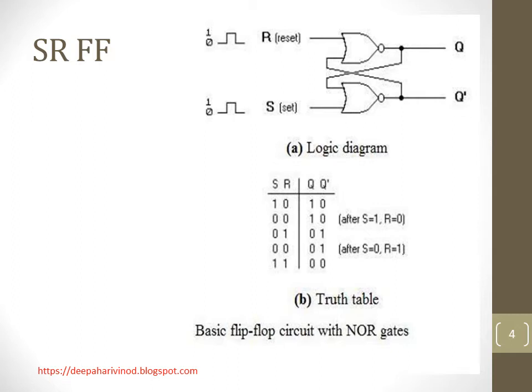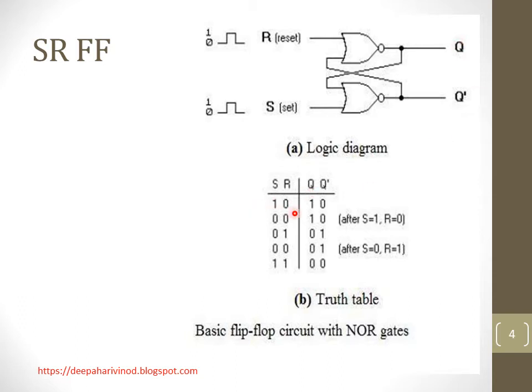What we have to keep in mind is, when reset is 1, the output Q will be reset, meaning cleared, it will be 0. And when the set input is equal to 1, the output Q will be set to 1.